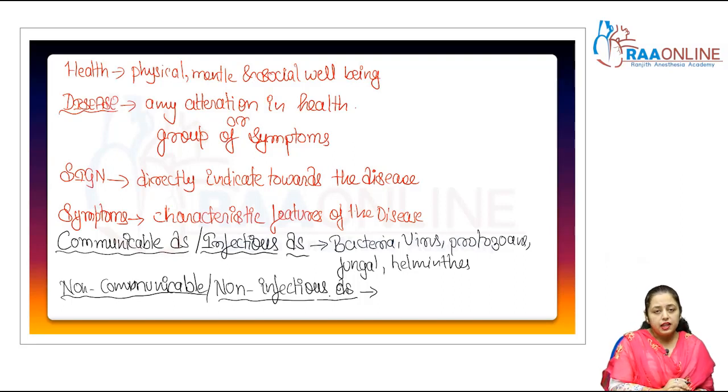Like diabetes mellitus, gout, arthritis, right? All these kinds of diseases are called non-communicable diseases. So these are the types of diseases. And now we will study the whole summary of that chapter in the form of questions, right?